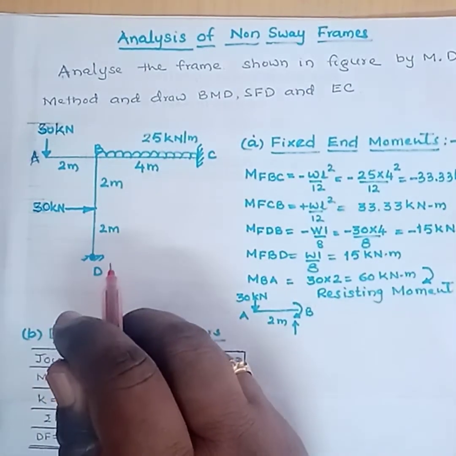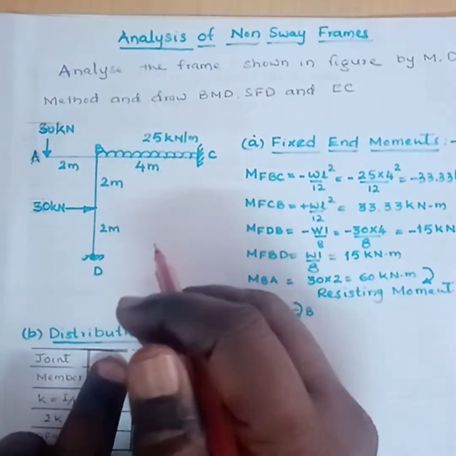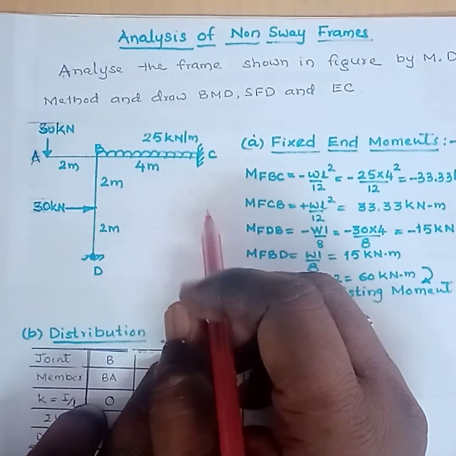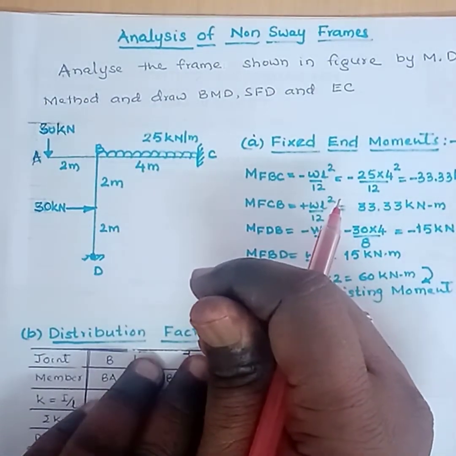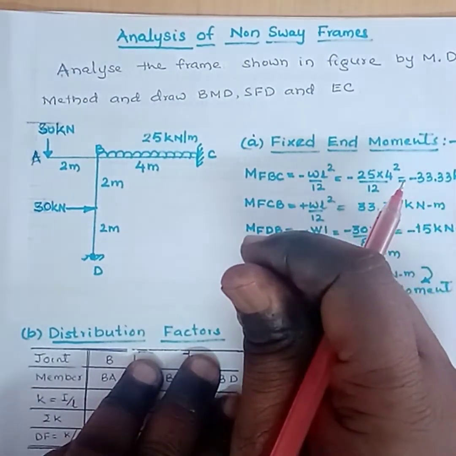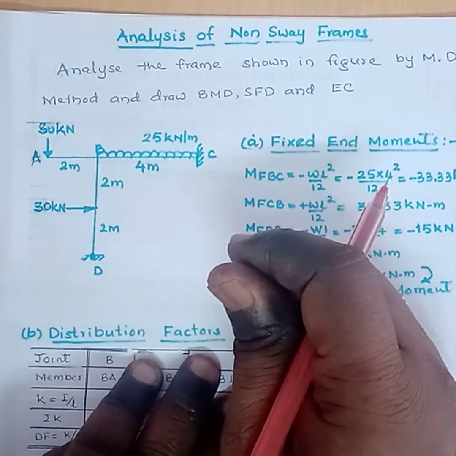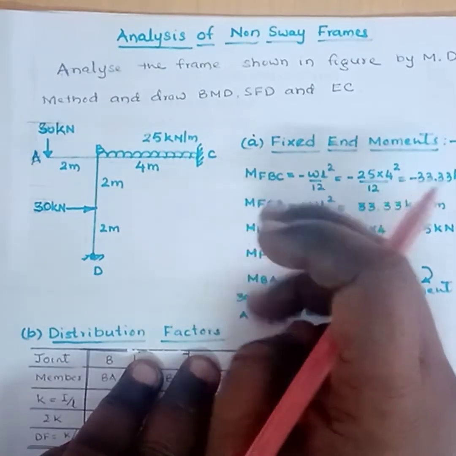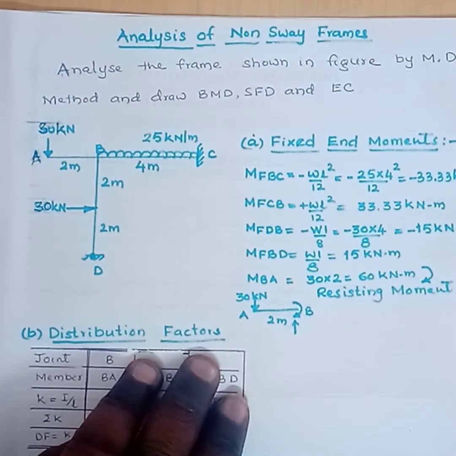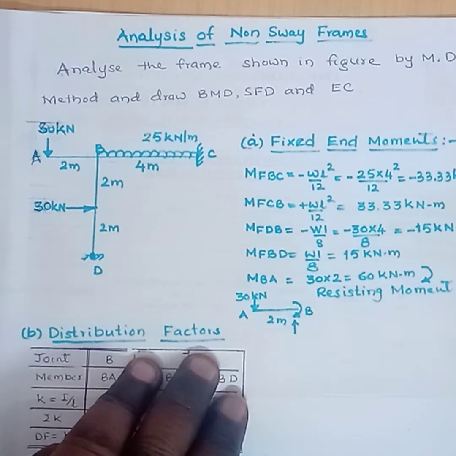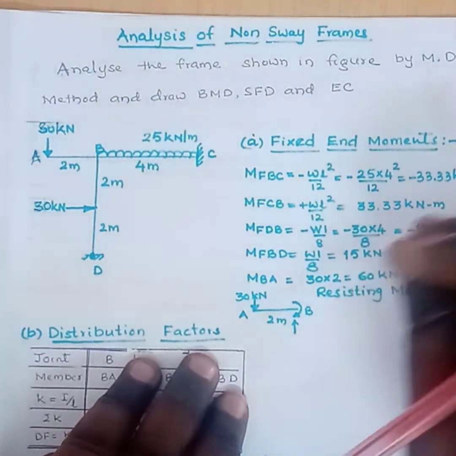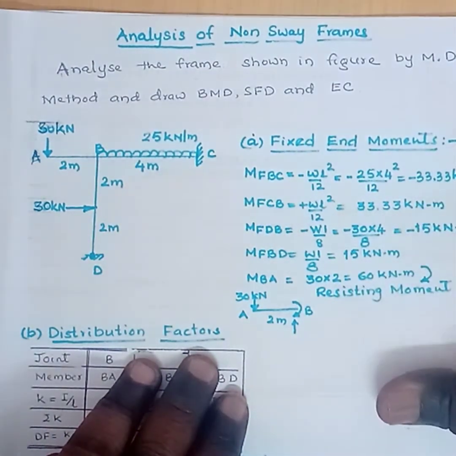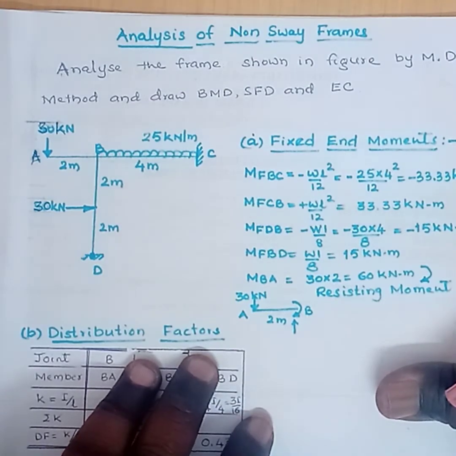In portal frames, there are two types: one is non-sway portal frame and the other is sway portal frame. Sway portal frame means if it is geometrically non-symmetrical, or the moment of inertia is non-symmetrical, or the load is non-symmetrical, then there may be chances of lateral deflection due to the applied force.